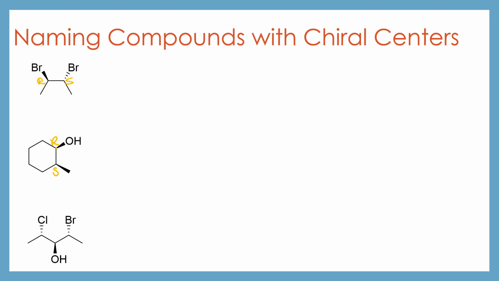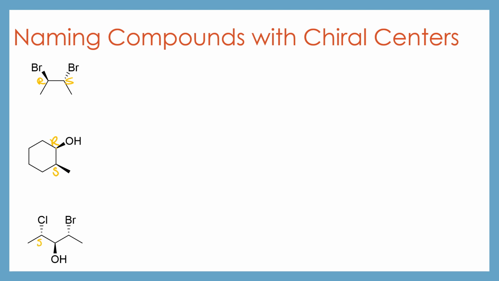Okay, this last one has 3 chiral centers, so that's a fun choice that I made when I made these examples. Okay, my low priority is coming towards us, so whatever we decide, we're going to have to flip-flop. So this looks like R, but it's actually S. So that looks like a sigma, so let's try that again.